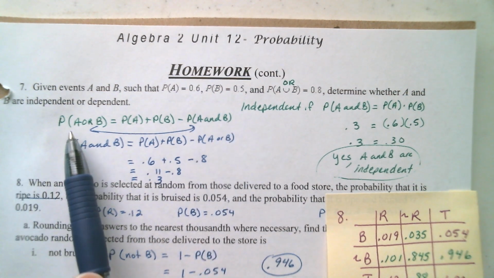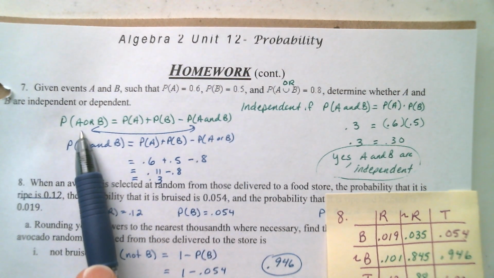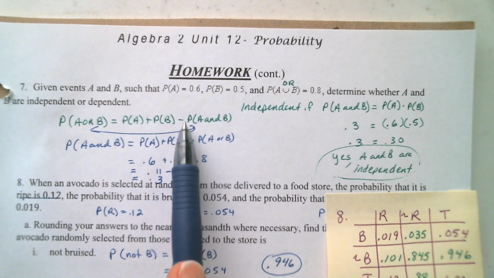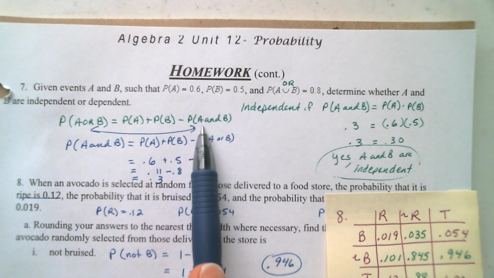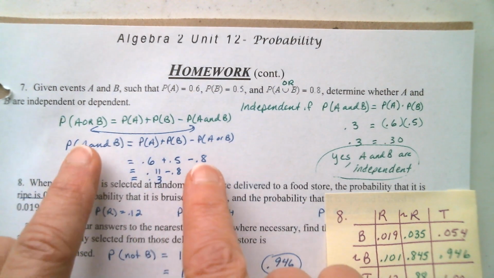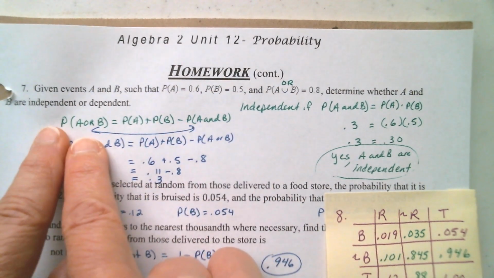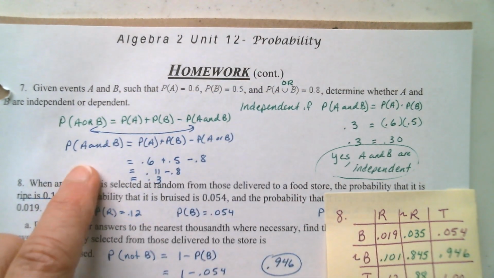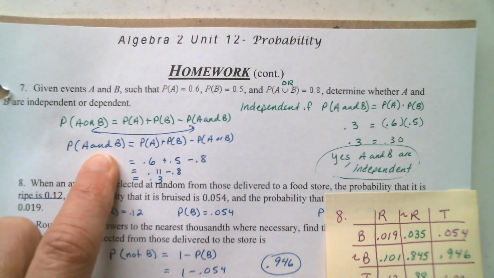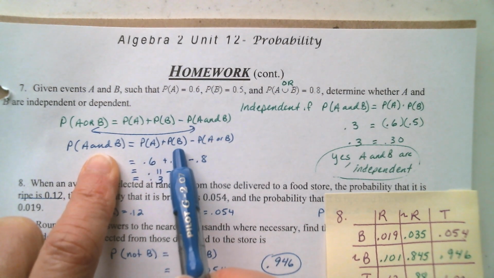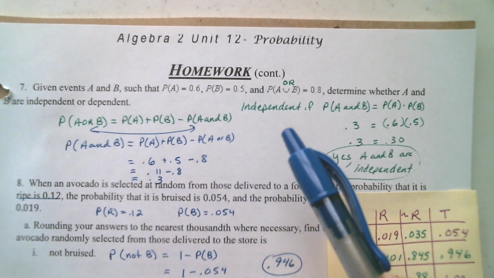So using the formula for probability of A or B equals probability of A plus probability of B minus the probability of A and B. And so kind of like what I did in the notes, if I just add this to both sides and subtract that from both sides, you end up with the probability of A and B all by itself equals the probability of A plus the probability of B minus the probability of A or B.